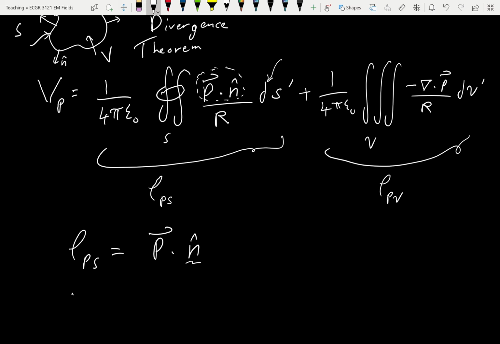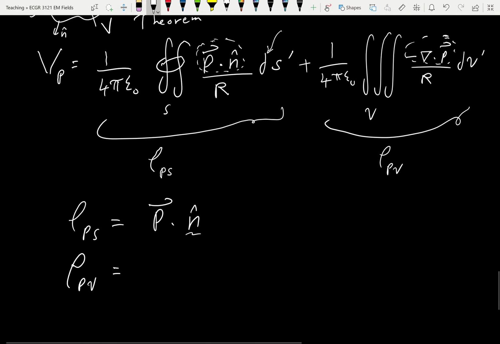And the volume charge density in the medium is this term, that density divided by R, integrated over the volume gives me the voltage. So I'm using the formula that I already know. That tells me the volume charge density should be minus the divergence of the polarization.